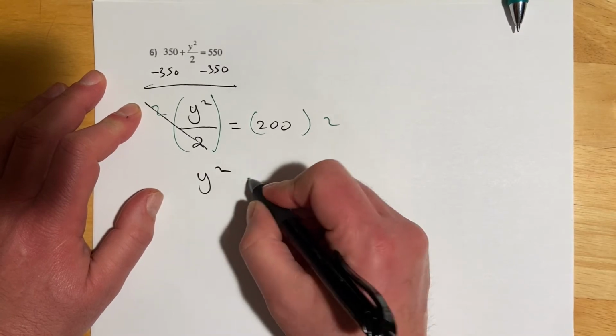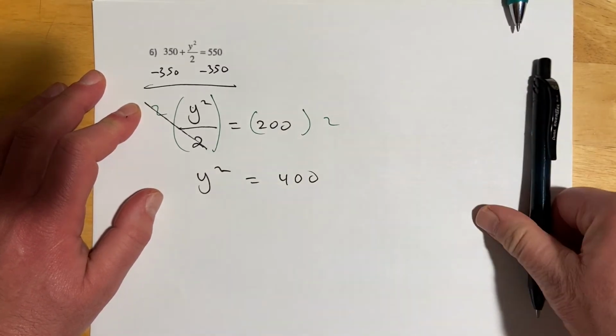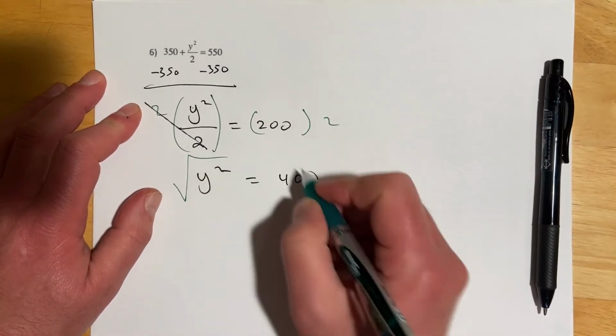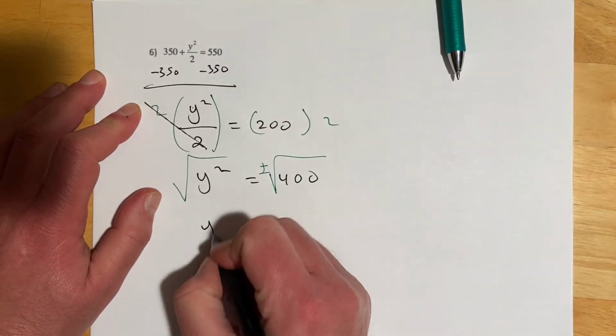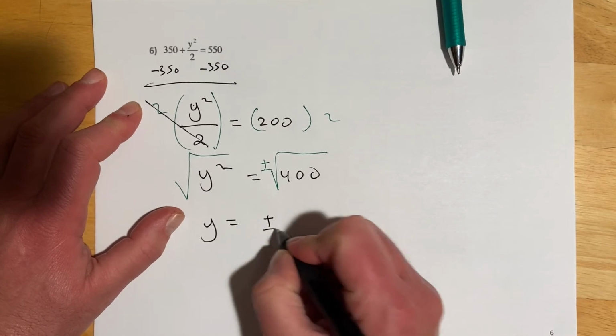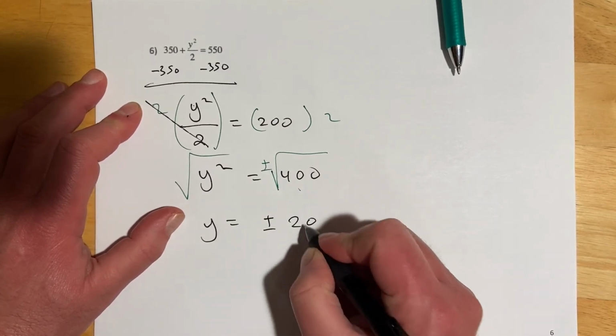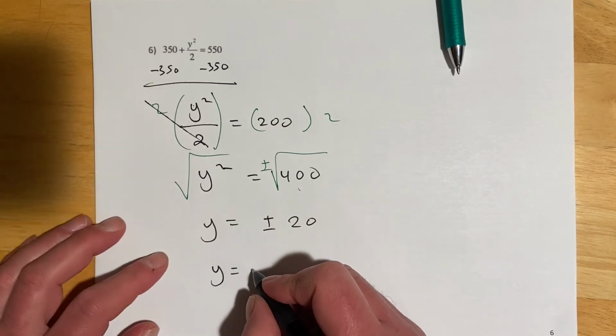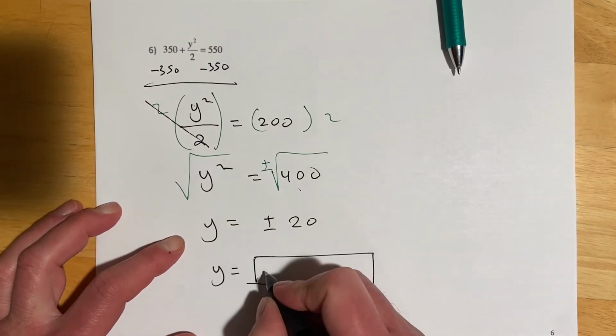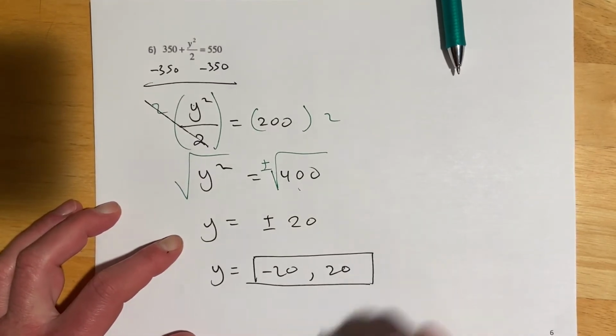And y squared equals 400, and then we can root both sides, and y equals plus or minus 20. And so again, in the answer box, if it has y equals, you would have negative 20 and 20.